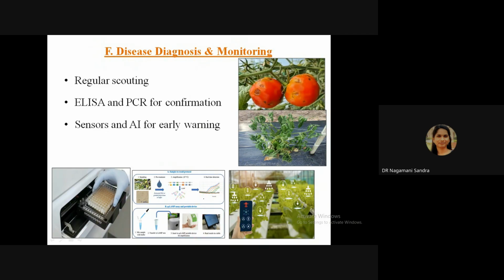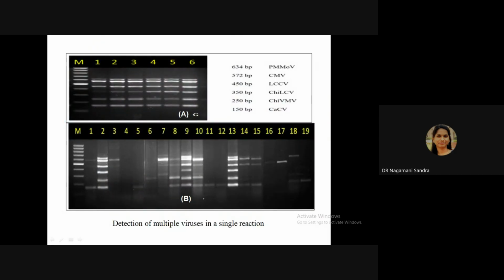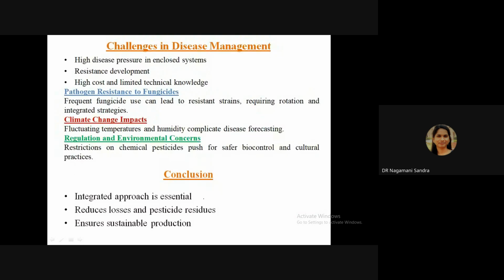Then sensors and AI, artificial intelligence, for early warning. Here you can see the detection of multiple viruses. Multiplex PCR is one technique where we can detect multiple viruses in a single reaction instead of going for single PCR based detection. We will see all these techniques in a different presentation, which I will explain after this one.